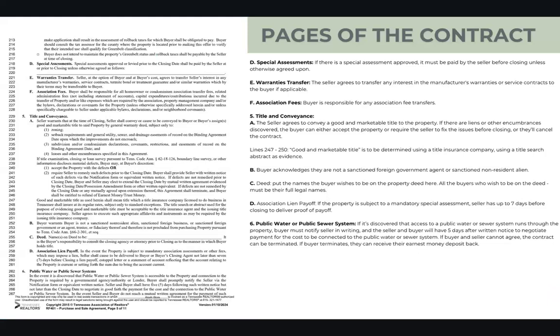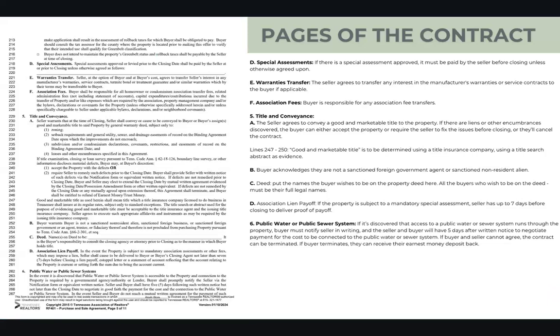And E covers warranties. So if the seller agrees to transfer any interest in manufacturer's warranties or service contracts to the buyer, if applicable, and the buyer is responsible for any association fee transfers.